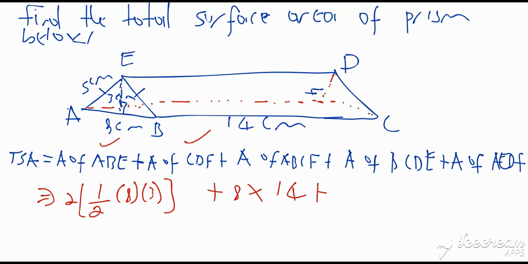If it were a scalene triangle, I would have to separate them and find the area individually. So the area of this face at the front here, since it's isosceles, means that this length is 5 centimeters. So the width is 5 centimeters and the length is 14 centimeters. So I'm going to have 5 centimeters times 14 centimeters. And we said that the back, which is AEDF, has the same area, so we can simply multiply all of this by 2.